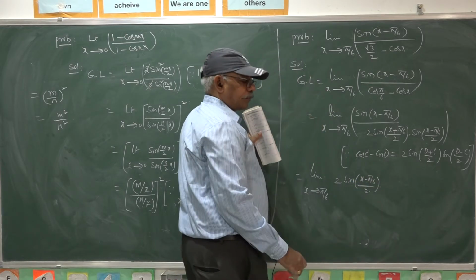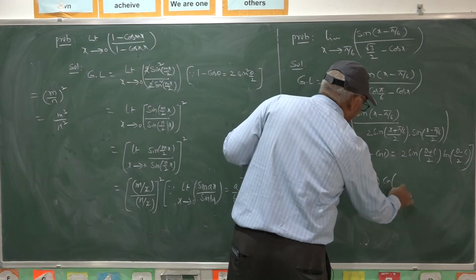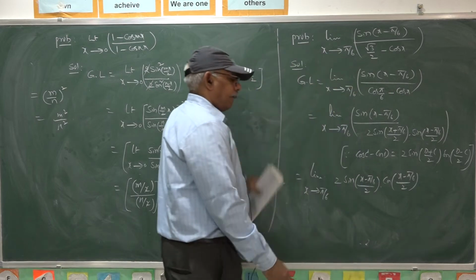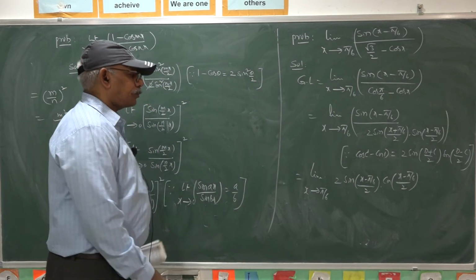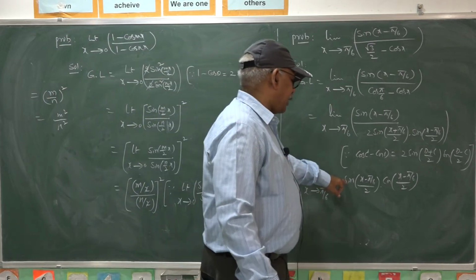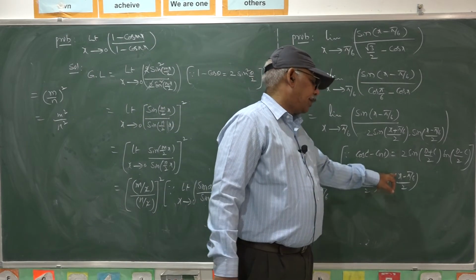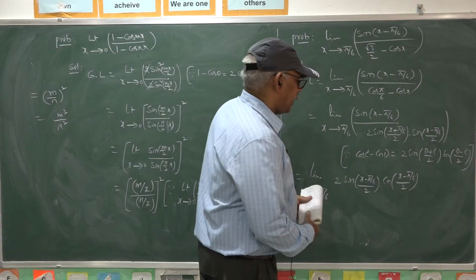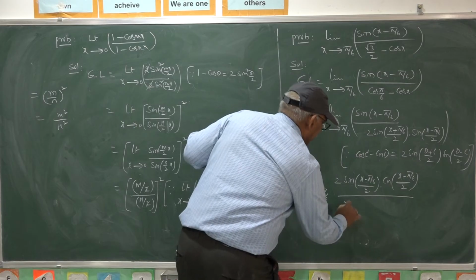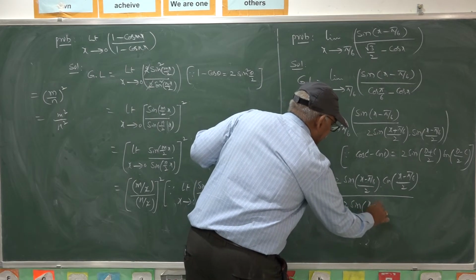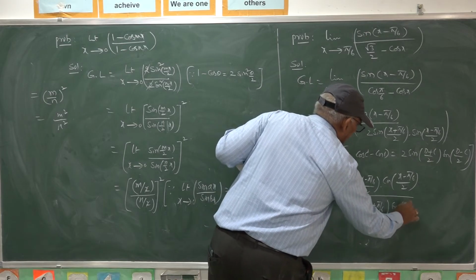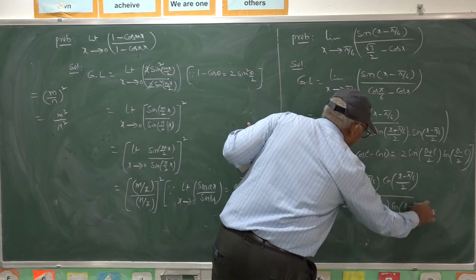So the numerator is 2 sin of x minus pi by 6 by 2 cos of x minus pi by 6 by 2, and the denominator is 2 sin of x plus pi by 6 by 2 sin of x minus pi by 6 by 2.